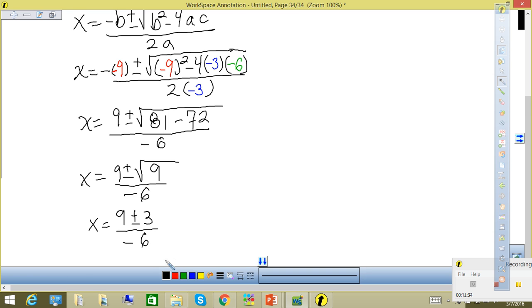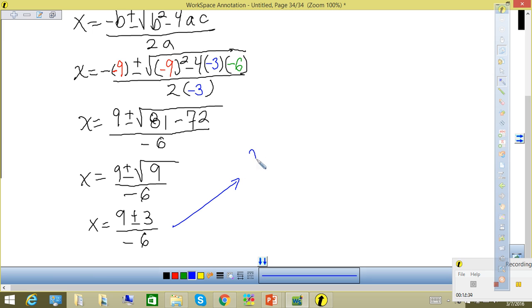This next step is key. Now let me ask you a question. When we were solving quadratic equations by factoring, usually how many roots did we find? How many? 2. So check this out. This next step here, I need to write 2 equations. Don't write anything down, just pay attention.